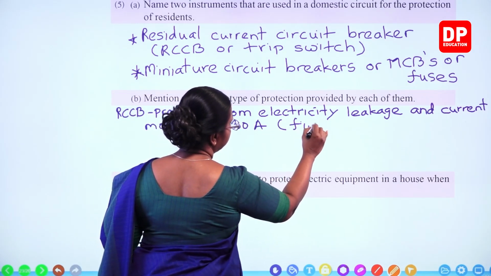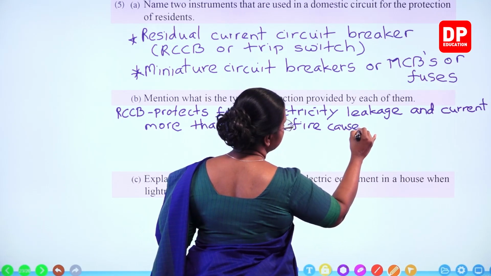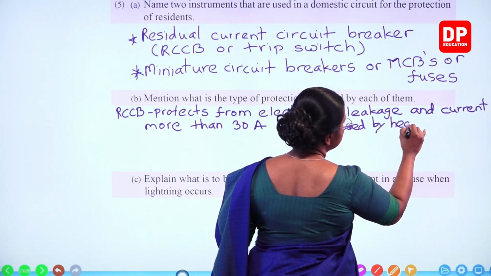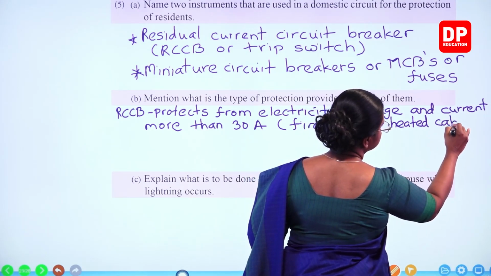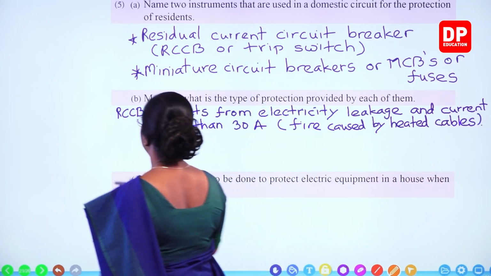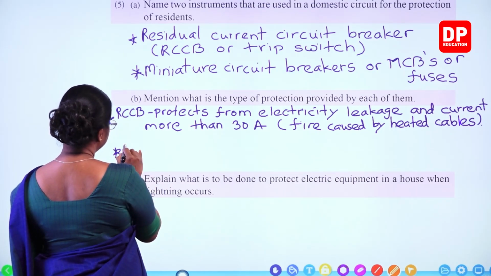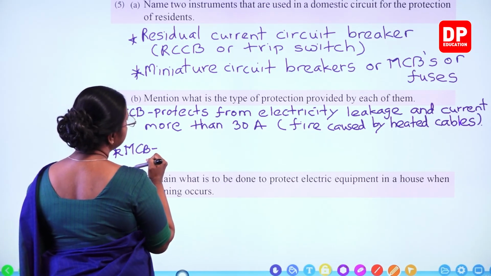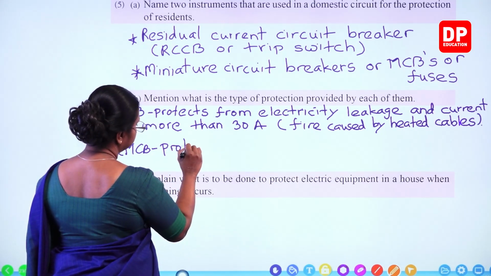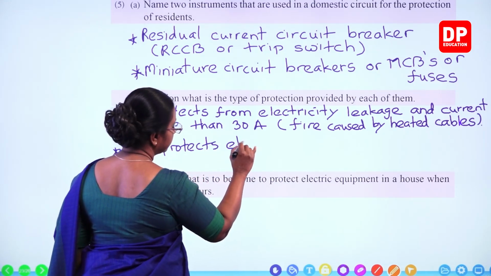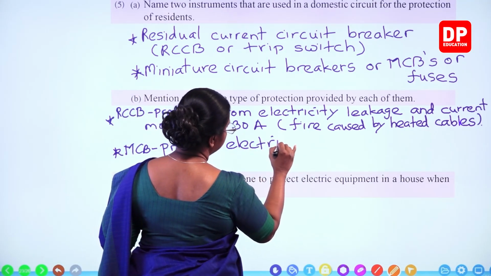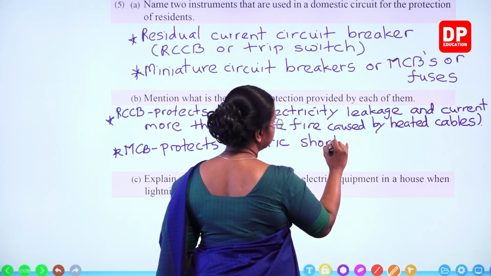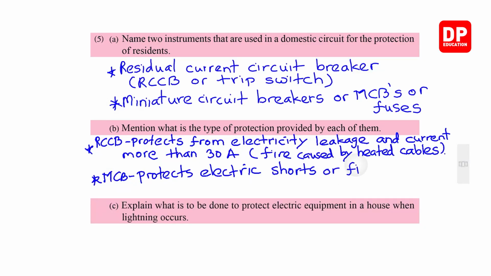So that is fire caused by heated cables. Then we have the MCB that protects electric shorts or fires caused by heated cables.